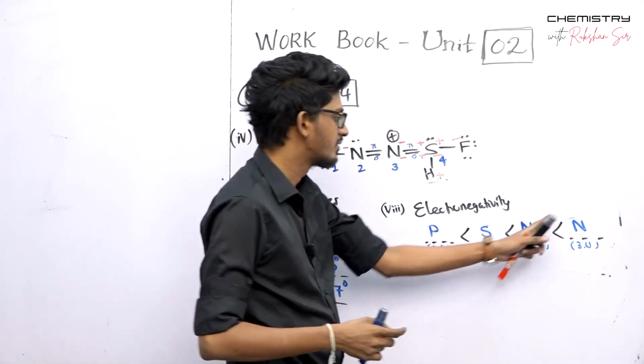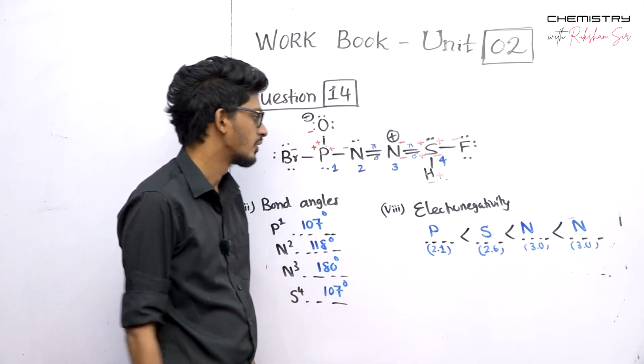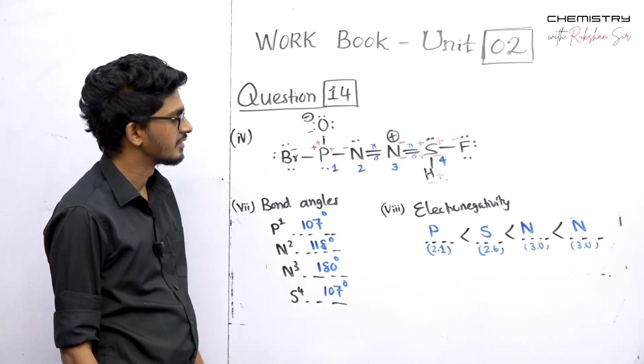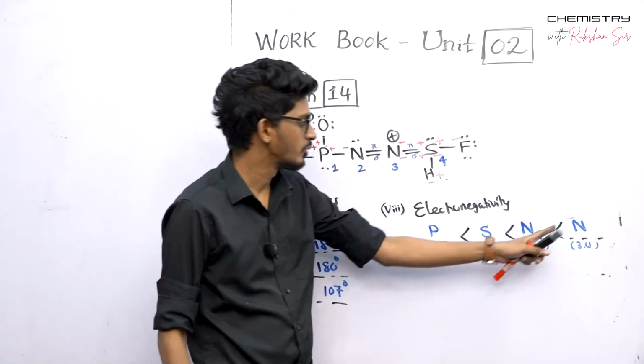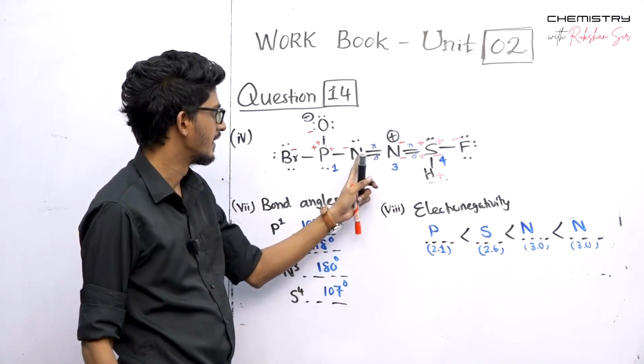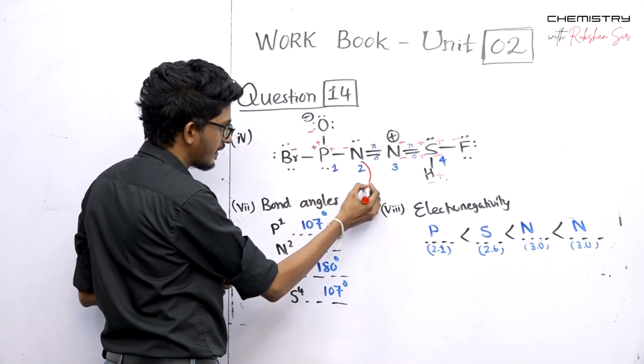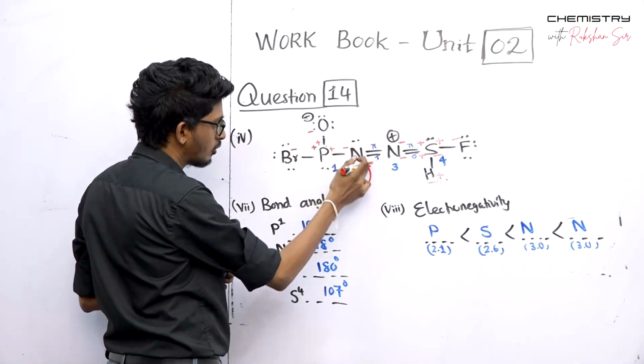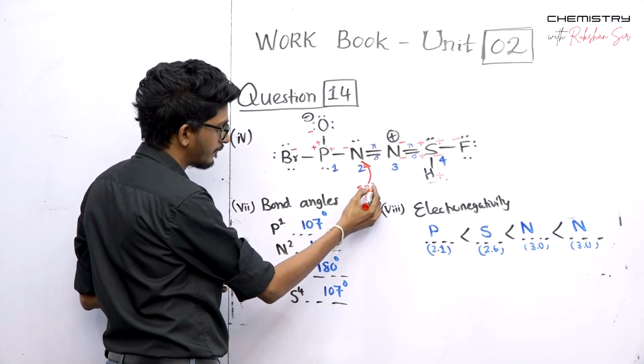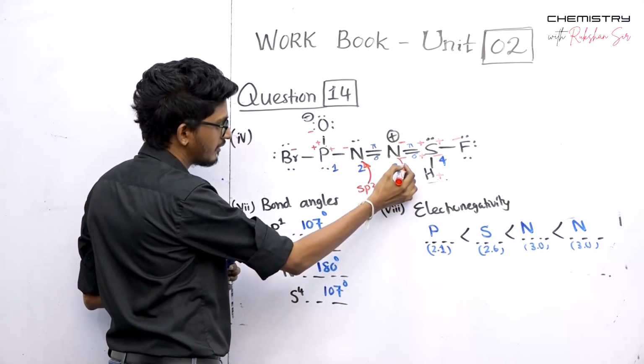If two atoms are equal on the Pauling scale, then we have to think of the hybridization. So to compare N2 and N3, we have to consider hybridization. Here, the hybridization is sp2, with 3 units. Here it is sp.